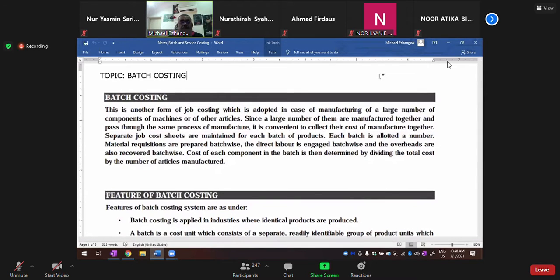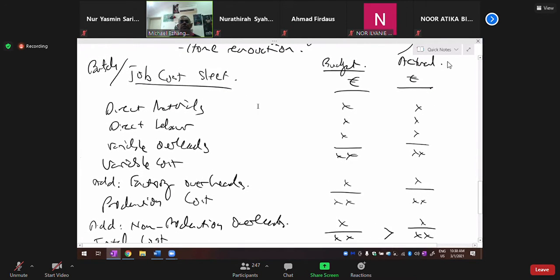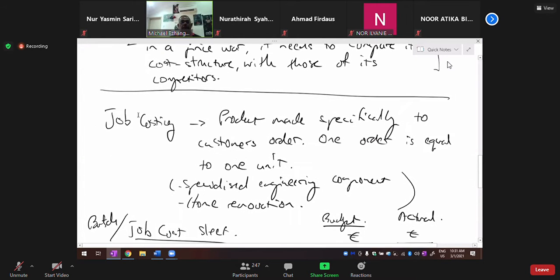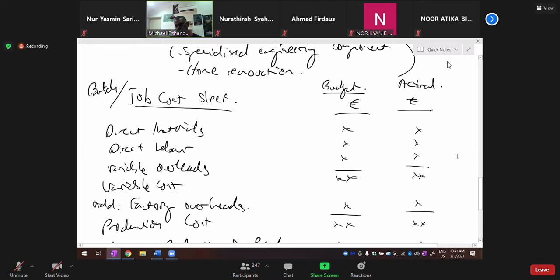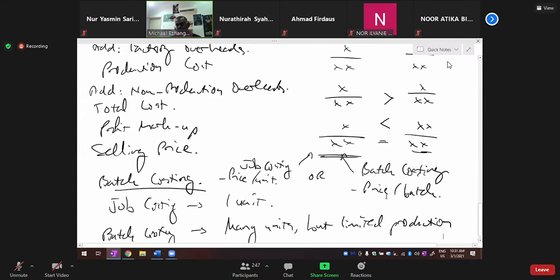All this uses batch costing, and it says, since a large number of them are manufactured together and pass through the same process of manufacture, it is convenient to collect the cost of manufacture together. Exactly. So as I wrote just now, batch job, the cost sheet is the same, but the only difference, job is for 1, batch is per batch.